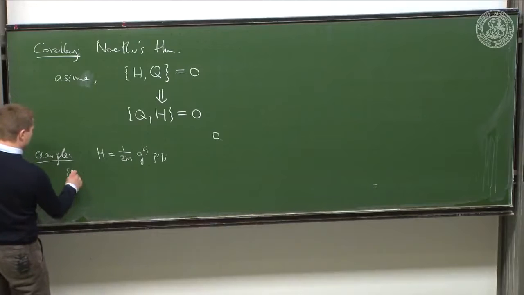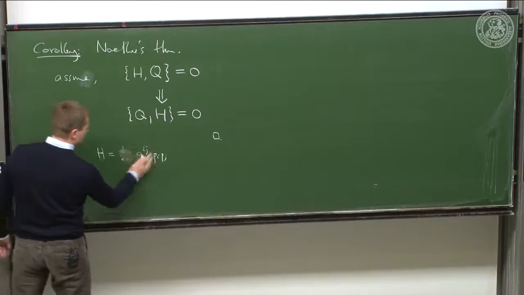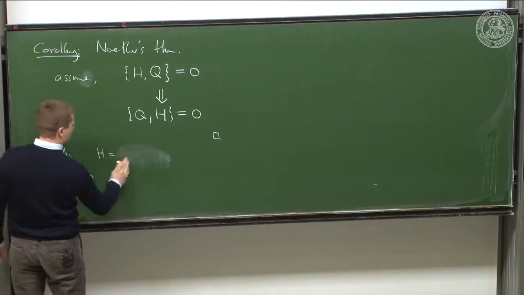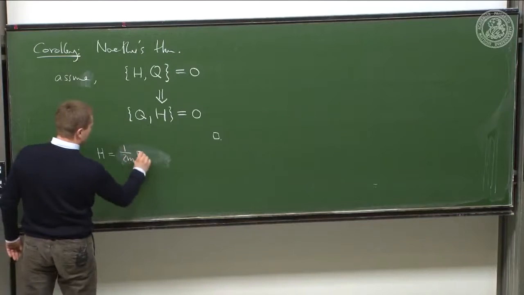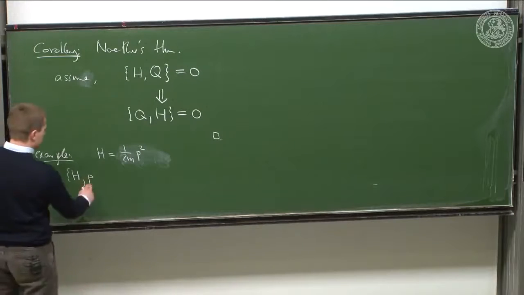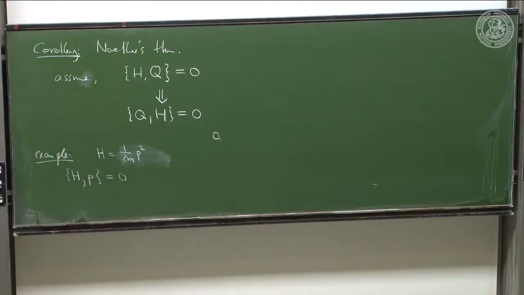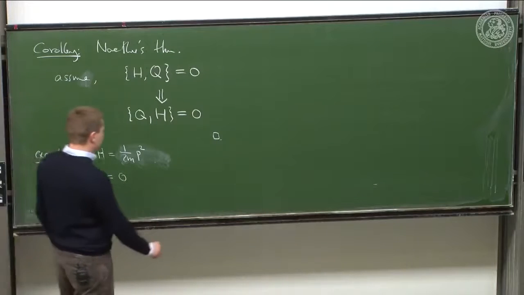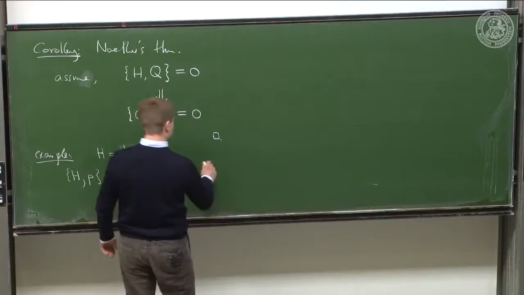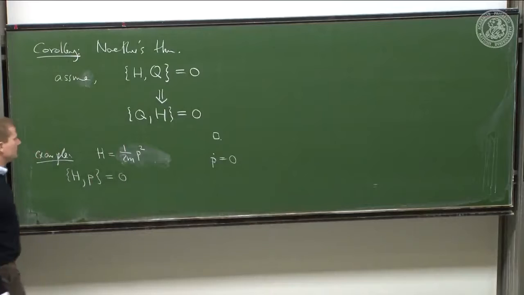Now we can calculate {H, p}. Okay, let's not make it too complicated. Let's do it in one dimension with our one-dimensional example: 1 over 2m, and this p is being squared. There is only one p. And now let's calculate the bracket of H with p. It's obvious that this is 0. We could go through the motions. And that means that p doesn't change in time. It means p dot, if I consider a curve, is 0. It doesn't change in time.